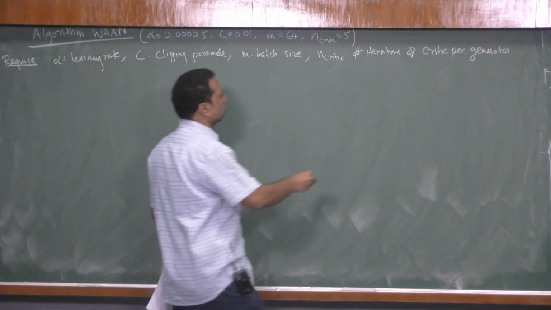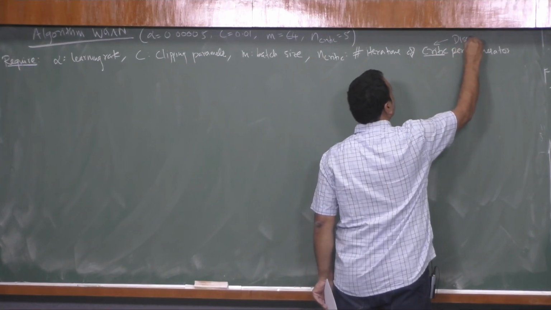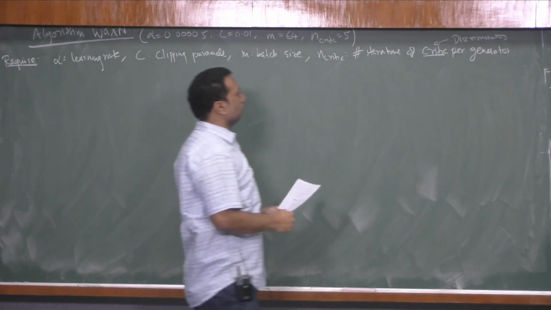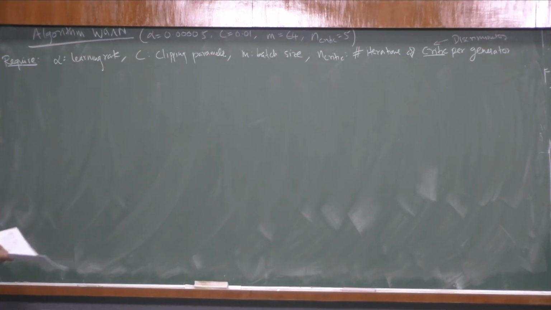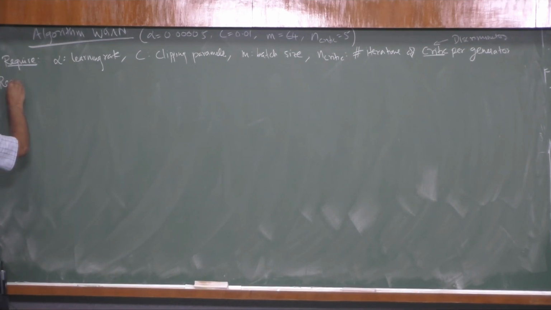Here the critic refers to the discriminator, okay? So in WGAN they call the discriminator the critic. In the original GAN they did k iterations. Here also they first do n critic iterations, then one generator iteration, then n critic again, and so on.